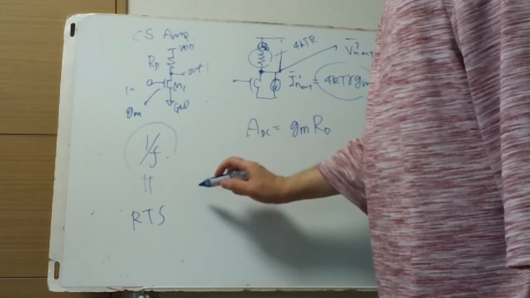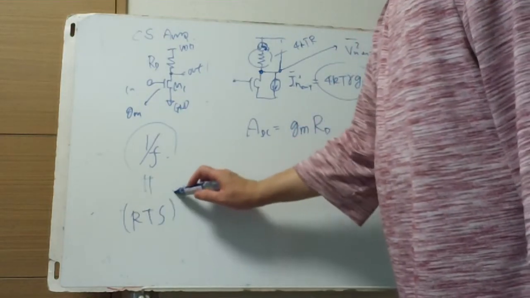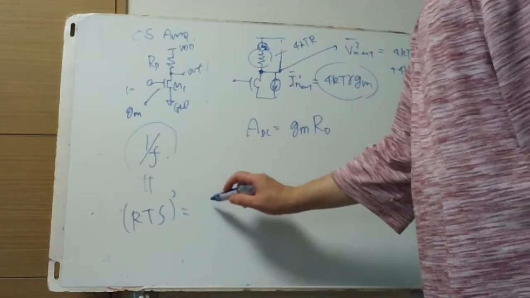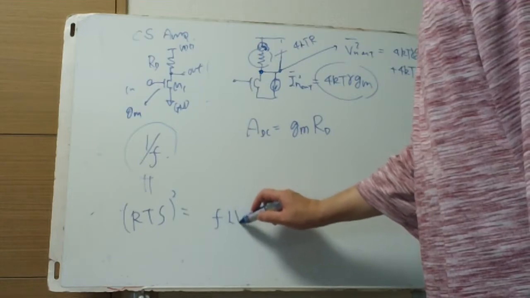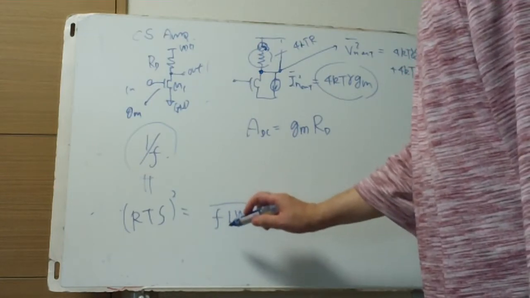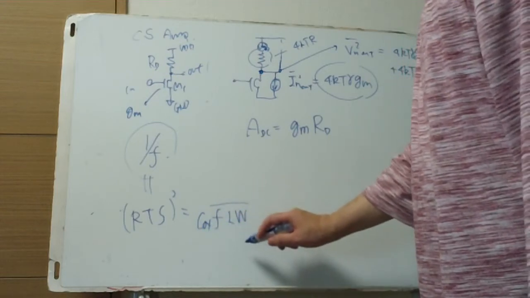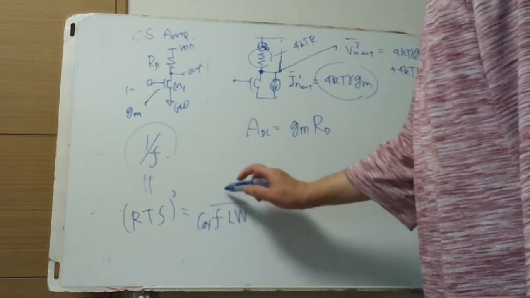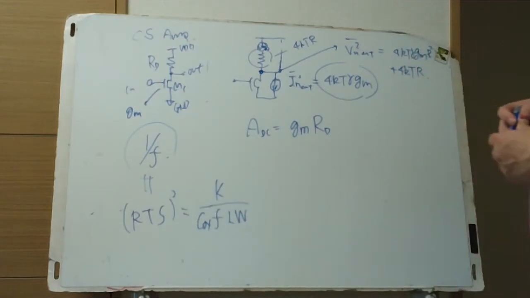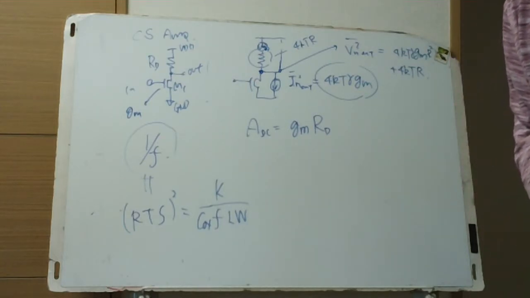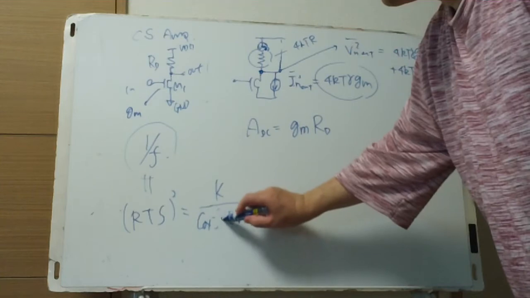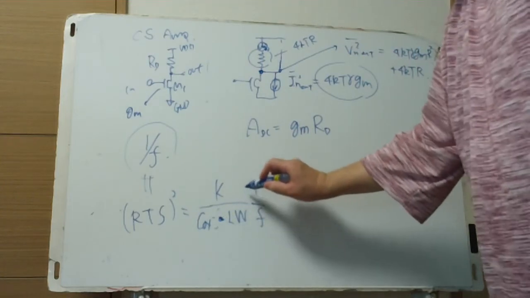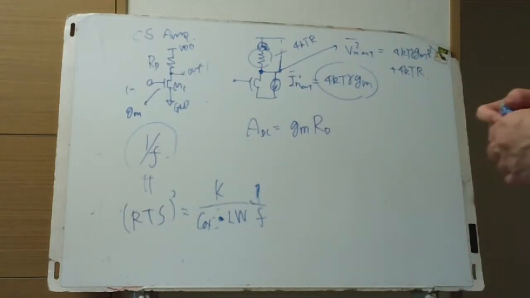voltage power, which is inversely proportional to f and WL, and constant K over Cox W L f, usually written like this: K over Cox LW f.